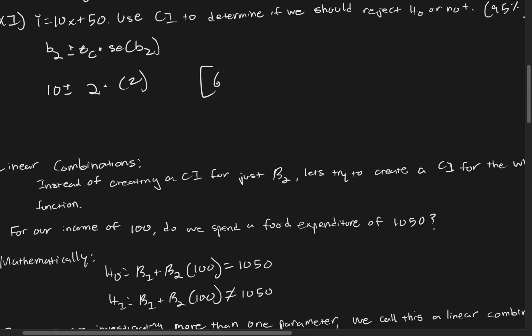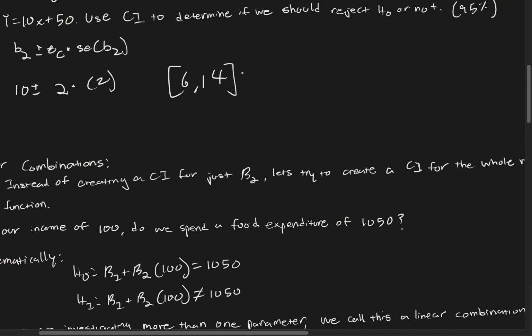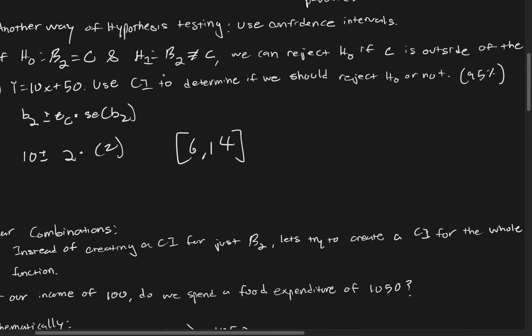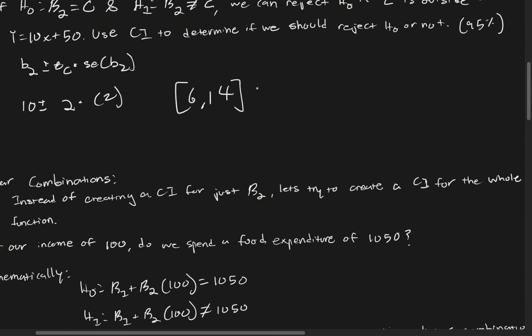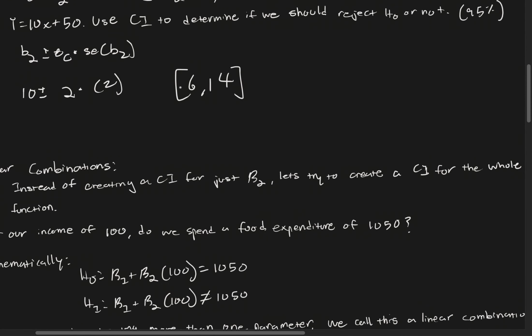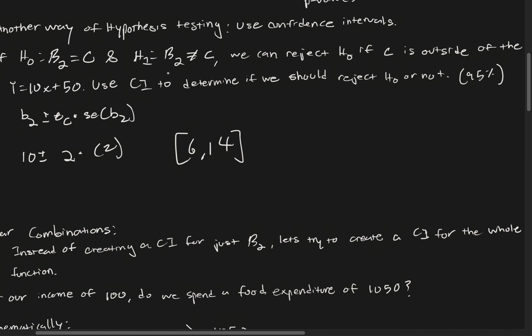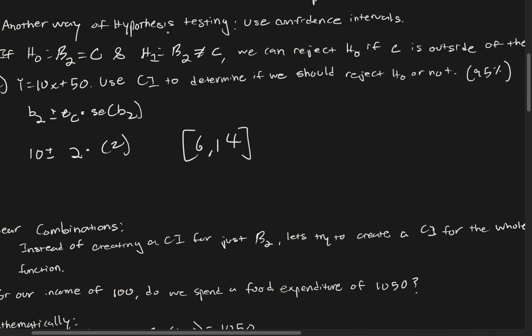Because our interval is 6 to 14, if our null hypothesis says income doesn't have an effect on food expenditure, so the coefficient should be 0, then we reject the null because 0 is outside of 6 to 14. But let's say the null was saying income has an effect of 7 on food expenditure, not 10.